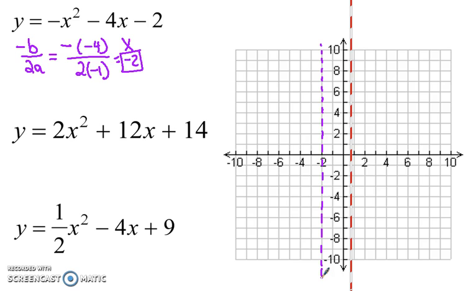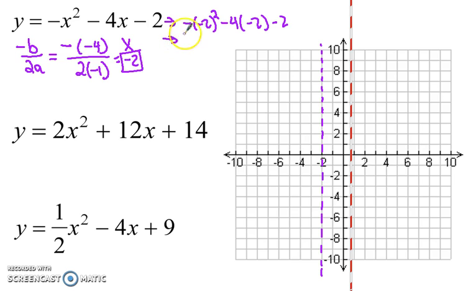So let's see. We know our x, but we don't know our y. So how could we find the y? Well, we could plug in negative 2 where the x's are, and that would tell us what y is. So let's do that. We get negative 2 squared minus 4 times negative 2 minus 2.